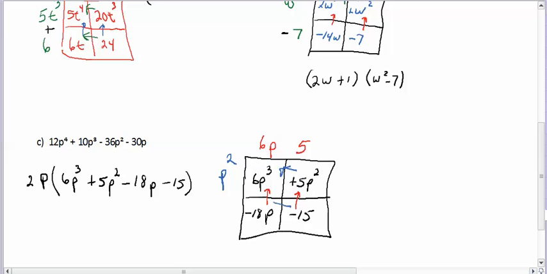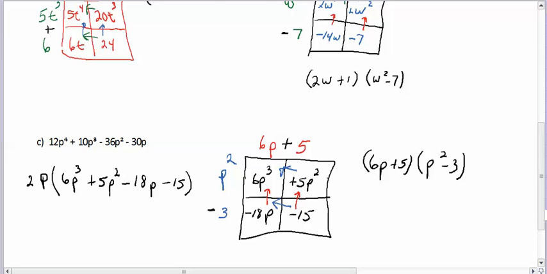Then if I look this way, I know they have 3, and I think that's all they have in common, a 3. Now I look at my signs. This is going to be plus, and this is going to be minus. So my answer is 6p plus 5, and I have p squared minus 3.